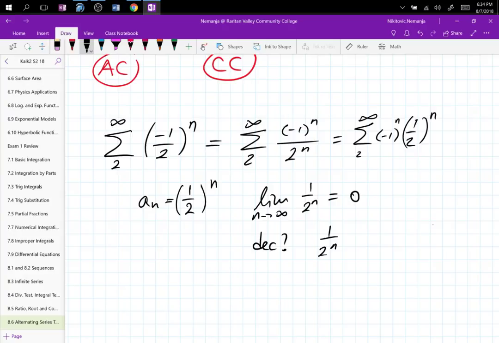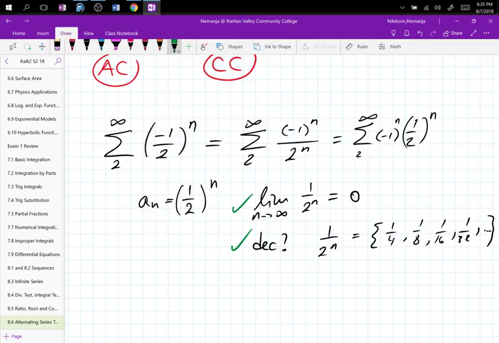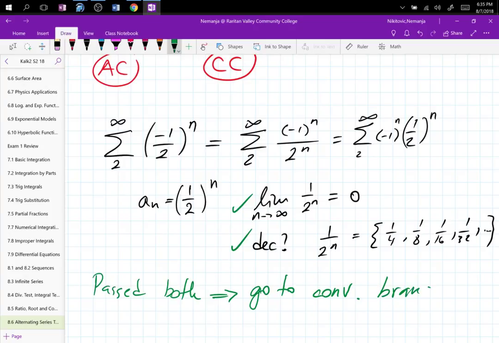If you just write out the terms, when n is equal to, we're starting with 2, it's a quarter, then 1/8, then 1/16, then 1/32. And you see that each next number is always smaller because it has a bigger denominator. So clearly decreasing. This is why I say it passes both tests, so passed both means go to the convergent branch.